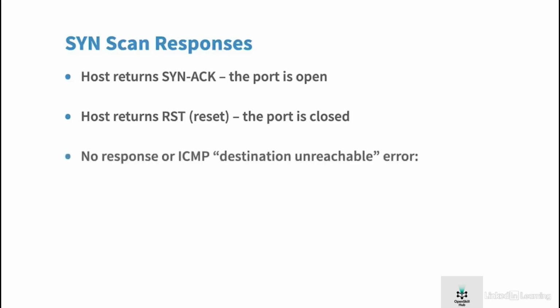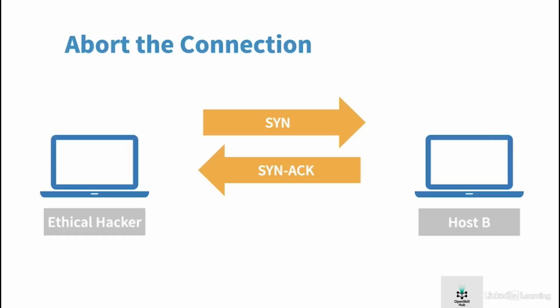No response, or if an ICMP destination unreachable error is returned, this means that the port might be filtered by a firewall. If a target returns a SYN ACK, this indicates that the port is open. In response, the scanner will send a reset packet to abort the connection to make sure a full connection is not made with the target.